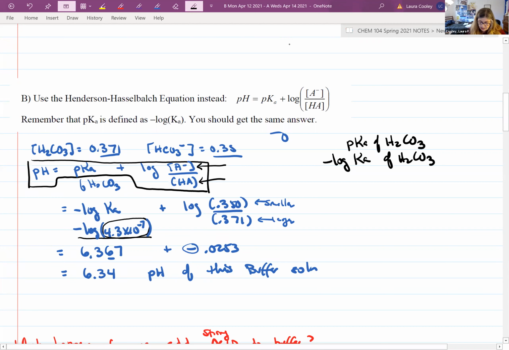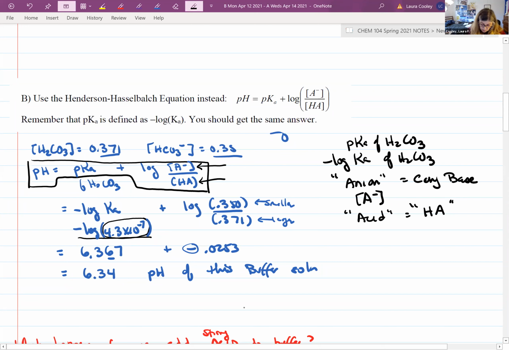The anion is another word that we use for the conjugate base, and sometimes it's referred to as A minus, the concentration of the anion. And the acid is, in general, we call it HA. And so that's why there's this notation here.